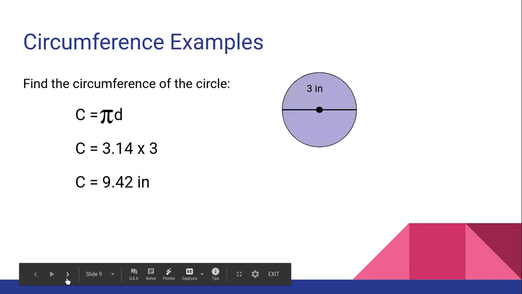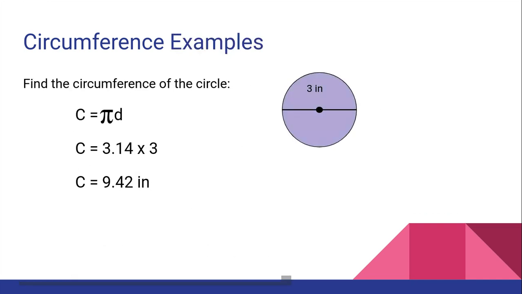So let's do some examples. Here's our first example. We are given a diameter. Again, you have to know the difference between a diameter and a radius. So when it shows that the line goes all the way through the circle, that's a diameter. So we're going to use the formula circumference equals pi times diameter.